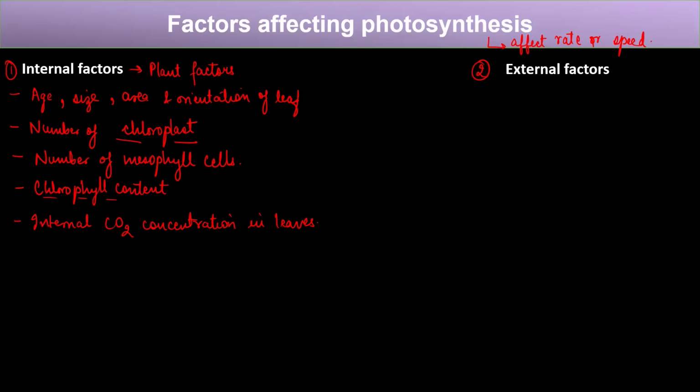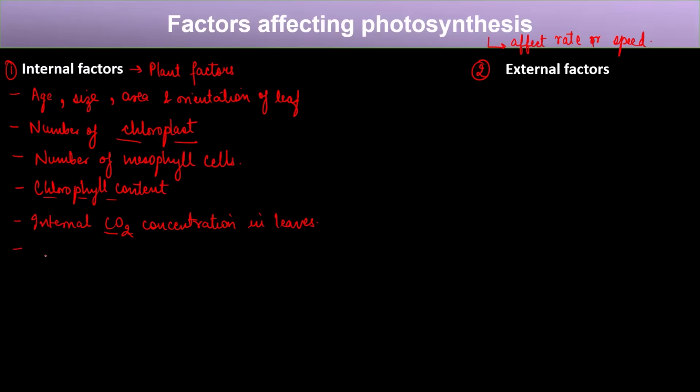If it does not happen, then photosynthesis won't take place. And we have also proved this by an experiment in our first lecture, in which KOH was used to absorb the CO2. In that case, even if you provide the CO2 from outside, if it cannot get absorbed by the leaves, it will have no effect, and hence photosynthesis won't take place.